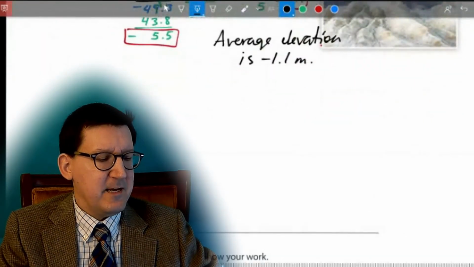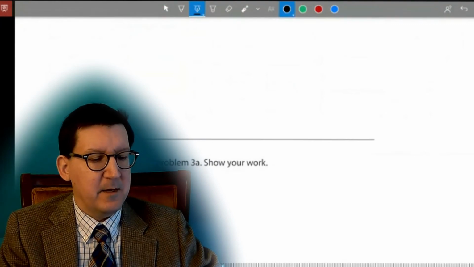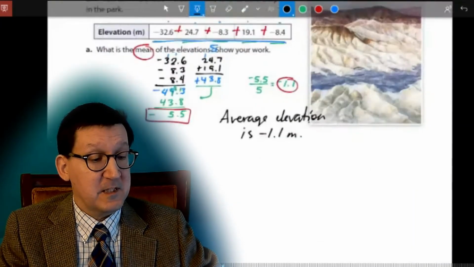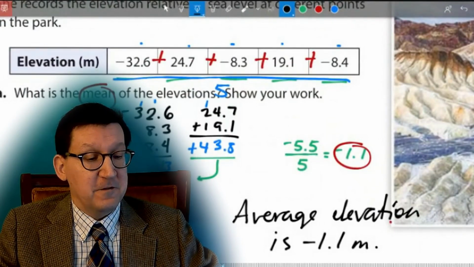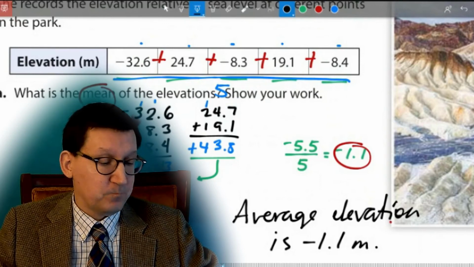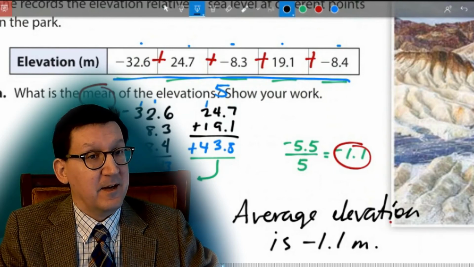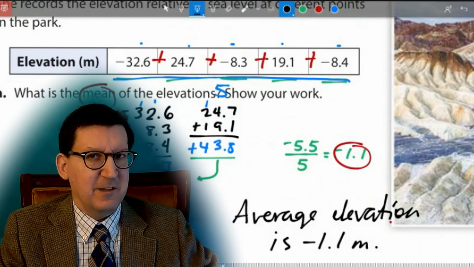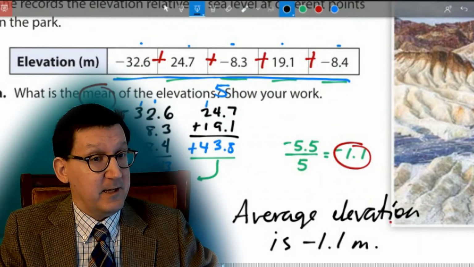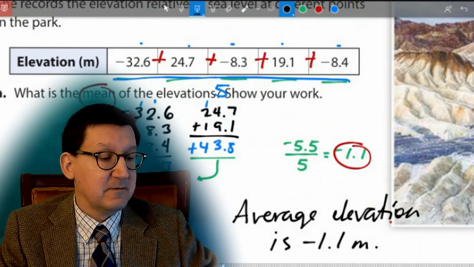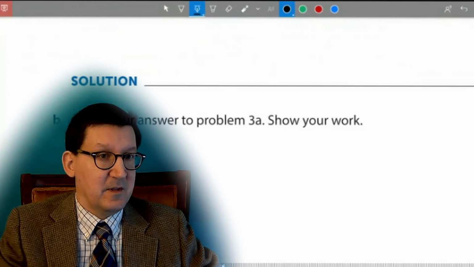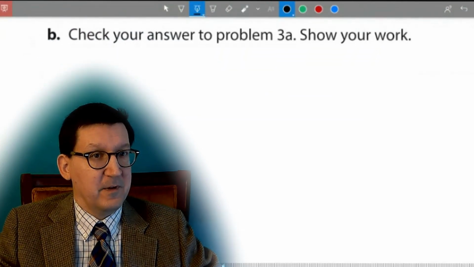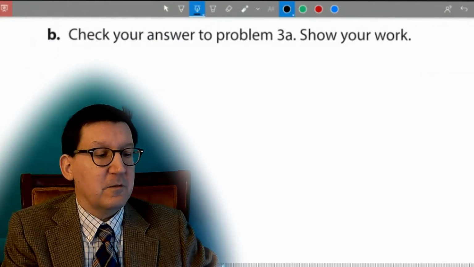How would you do problem B here? Check your answer to problem 3A. So if we've worked this out and we want to see if we're right, we've been doing rounding a lot today, so let's check our problem using rounding. If we take these numbers and round them all to the nearest integer, let's see what we have.